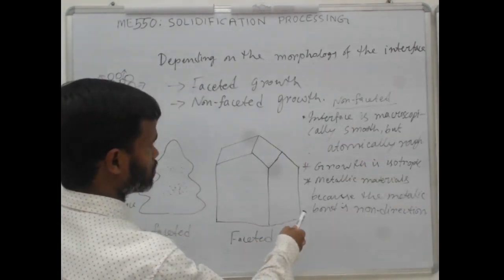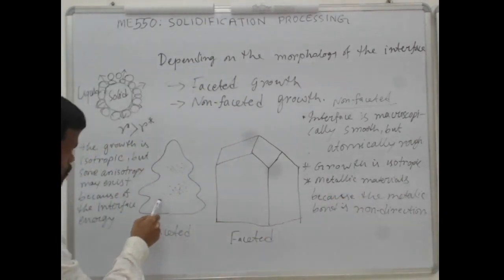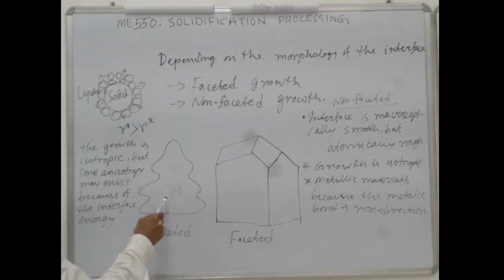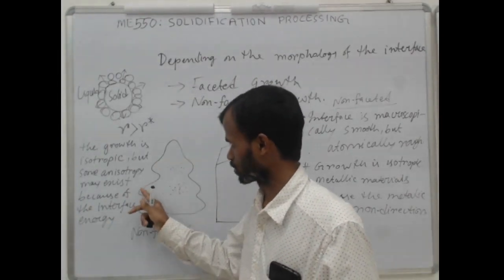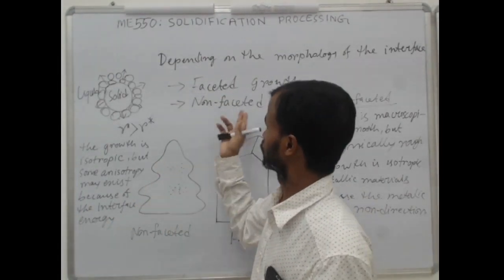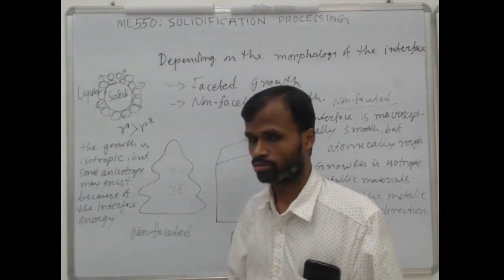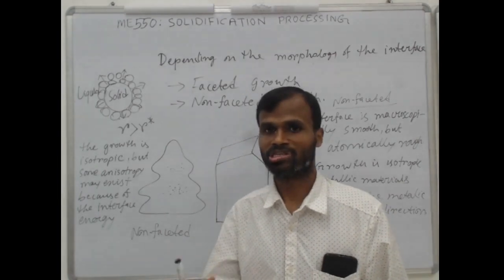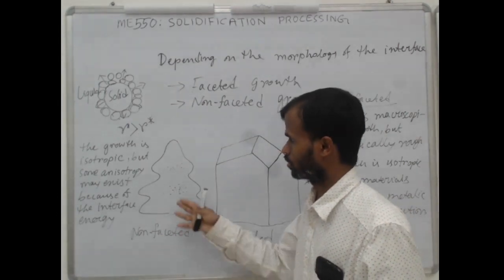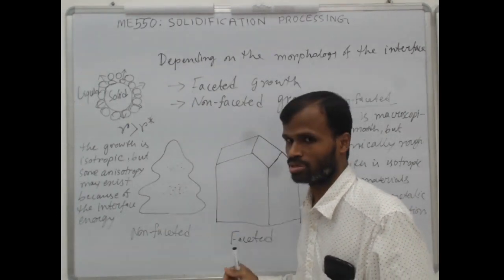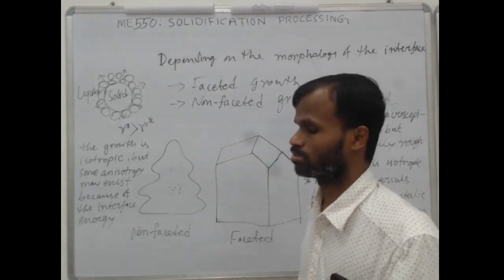So most of the metallic material generally exhibits this kind of non-faceted structure, but local anisotropy due to surface or the diffusion of solute at the interface leads to this local anisotropy, which gives the dendritic formation. So in summary, we can say non-faceted interfaces are those which on macro scale are smooth, but on atomic scale the interface will be rough.